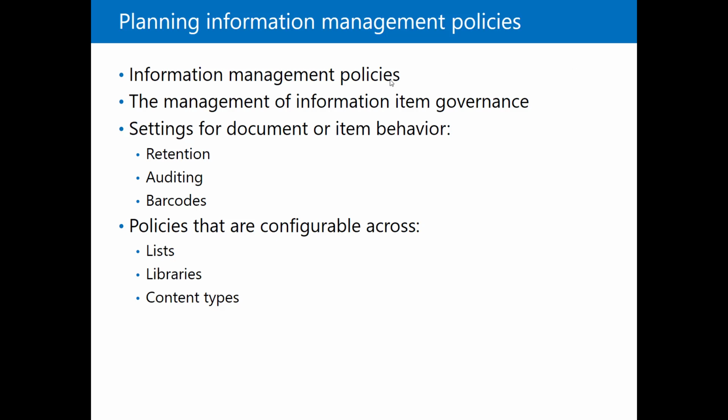So you have to go through what terminology is used inside that organization and what policy is applied. Definitely you can apply that policy not only on documents, you can apply it on lists as well, and on the content type.